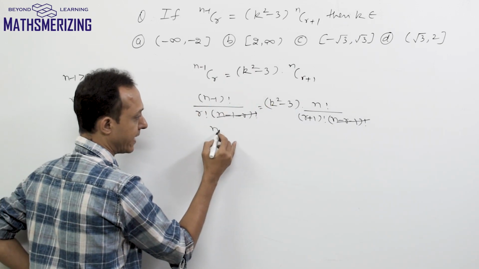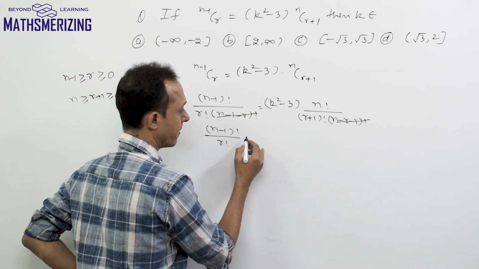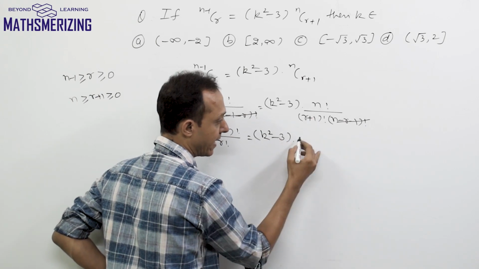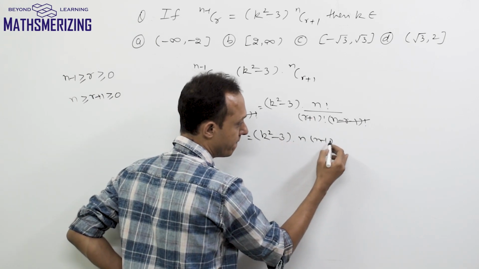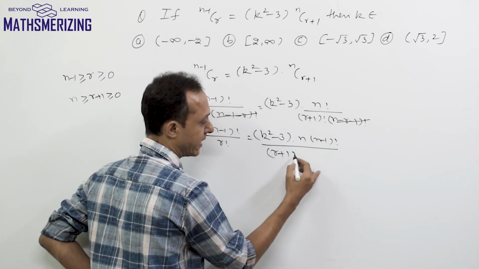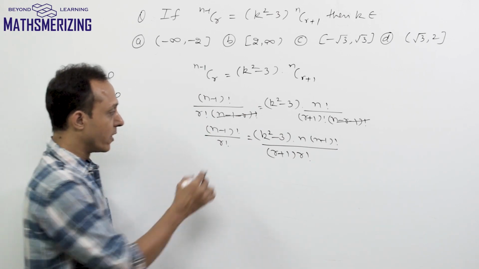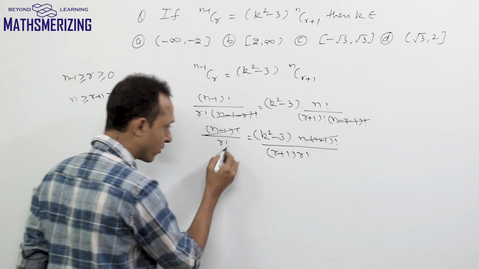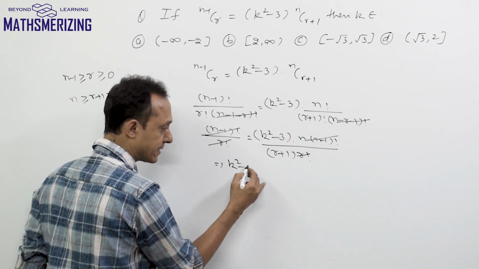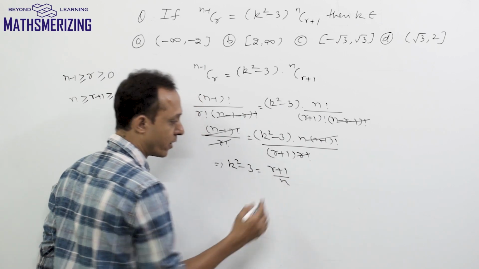Now I can write this as factorial n minus 1 upon factorial r, equals k square minus 3. Now factorial n, I can write it as n into factorial n minus 1, and factorial r plus 1, I can write it as r plus 1 into factorial r. So I can cancel factorial n minus 1, and I can also cancel factorial r. So I can write k square minus 3 as r plus 1 upon n.